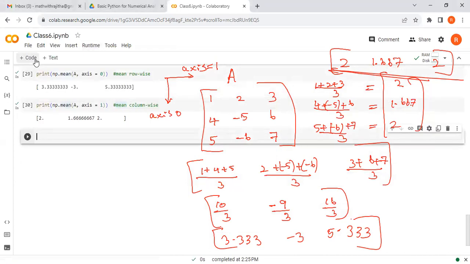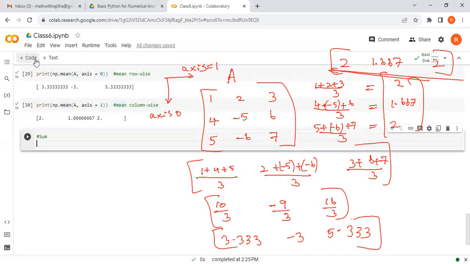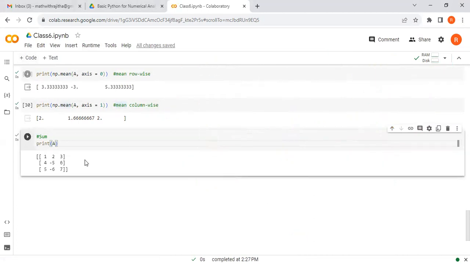Okay, the next one, sum. How do we get the sum? Let's see, print A first, to revise what the A matrix is. Okay, this is the A matrix.